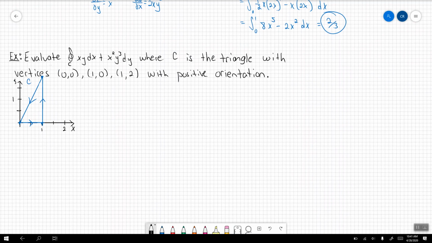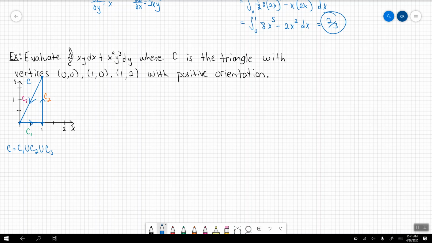So what we have here is three different curves: curve number 1, curve number 2, and curve number 3. Curve C is made up of curve C1 union C2 union C3.